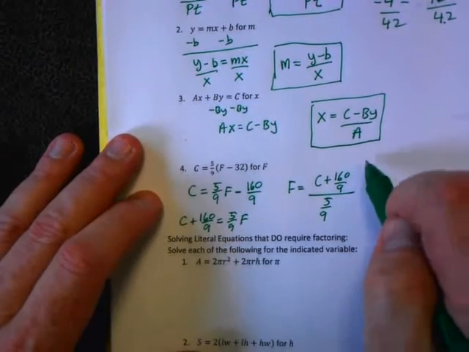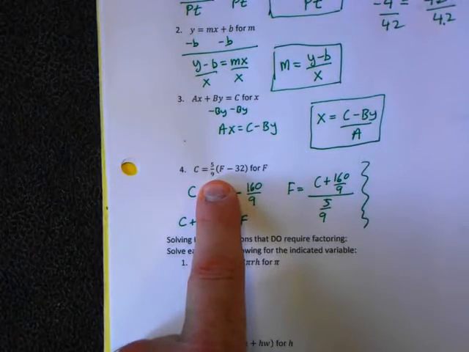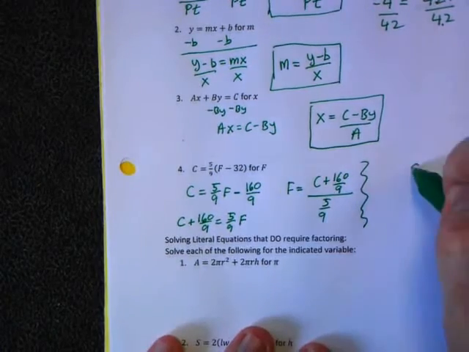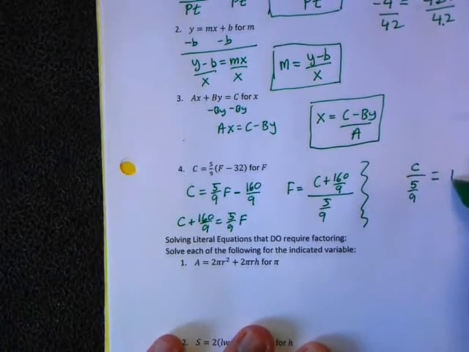The other way I saw people do it, I saw some people say, I'm going to get rid of this 5/9 right from the beginning. So some people went ahead and immediately divided both sides by 5/9. And they wrote C over 5/9 equals F minus 32.